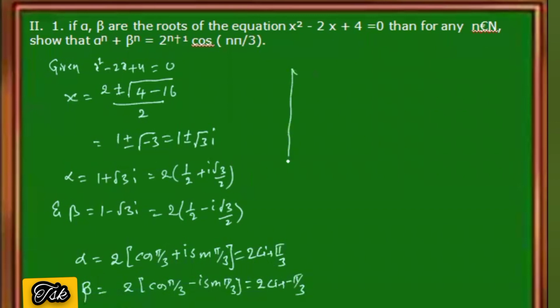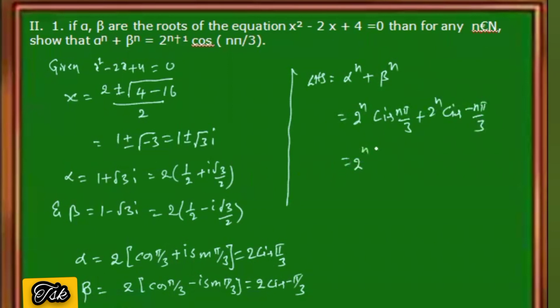So take LHS. LHS is alpha power n plus beta power n. What is alpha power n? 2 power n, cis pi by 3 whole to the power of n becomes cis n pi by 3. And then 2 power n cis minus n pi by 3. Take 2 power n common.